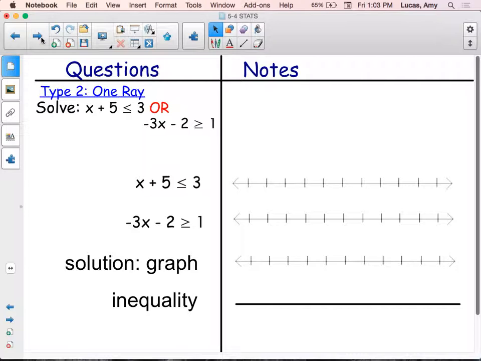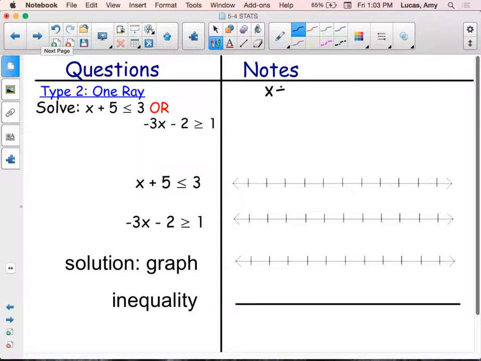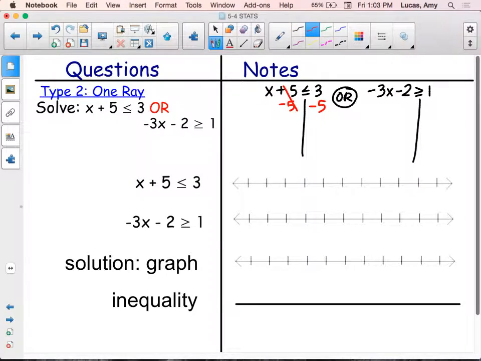Okay, the next one says type 2 and it says one ray. So we can expect something different to happen on this solution because the last one had two rays. Solving both of these inequalities, the first one is just one step. The second one is 2 steps. So x is less than or equal to -2.